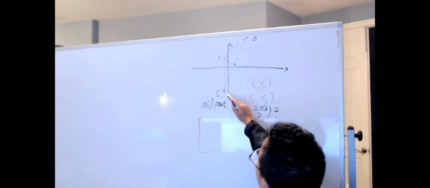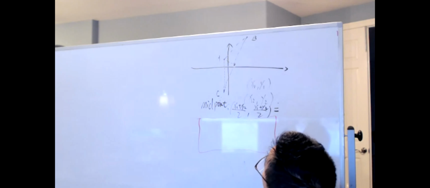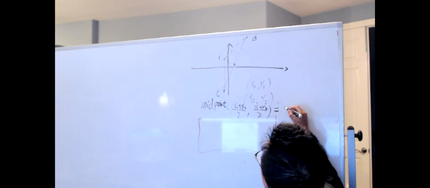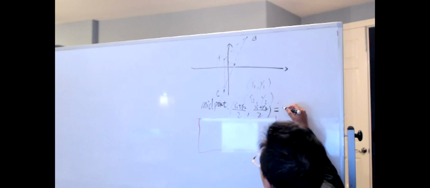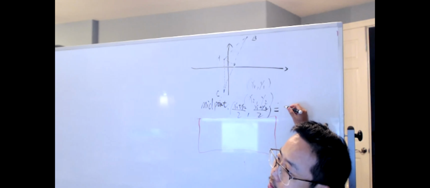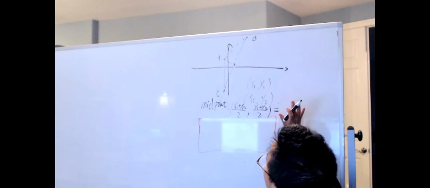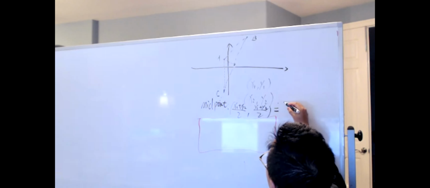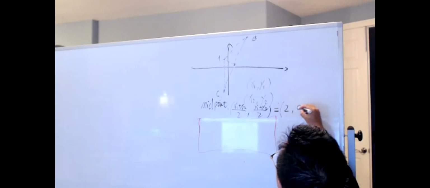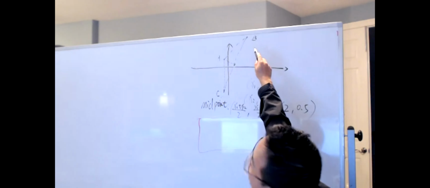So what's the average of the x? 0.5. Who said 2? Wait, no, I did it the wrong way. It's 2 and 0.5. So let's just do it. This is -1, this is 5.